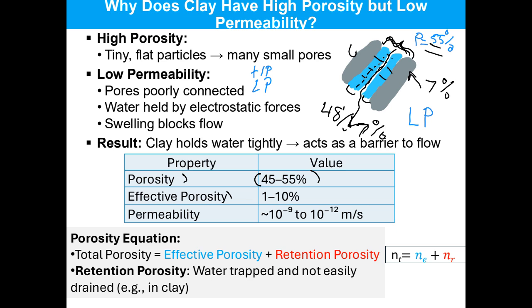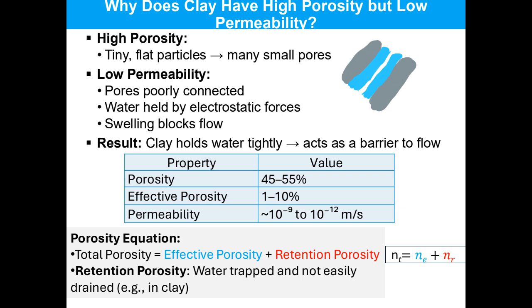For example, here, let me clear this out. So here, this is the total porosity. Total porosity, we label it as NT. NT would be total porosity. We have 55%, right? And retention porosity is this one right here. Let me use another color to indicate that one.